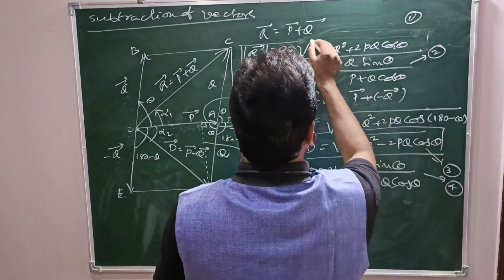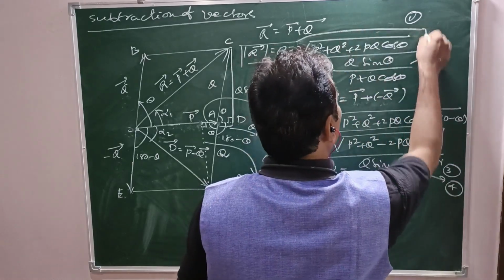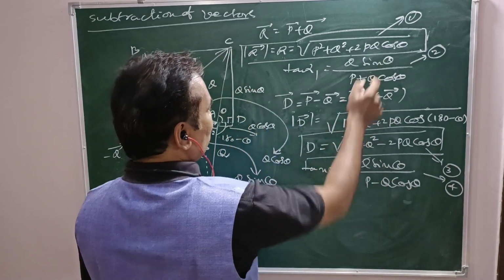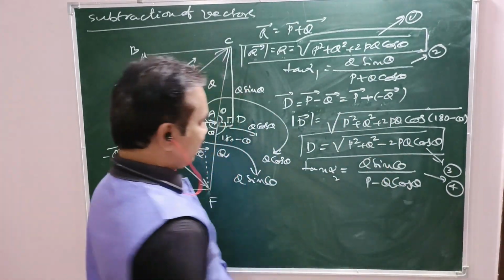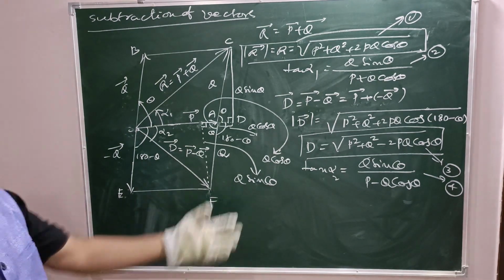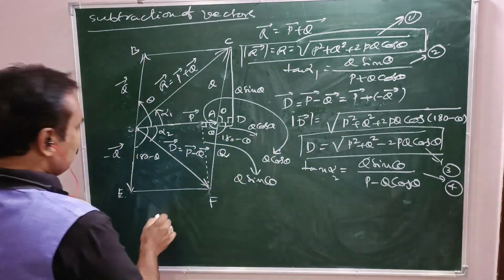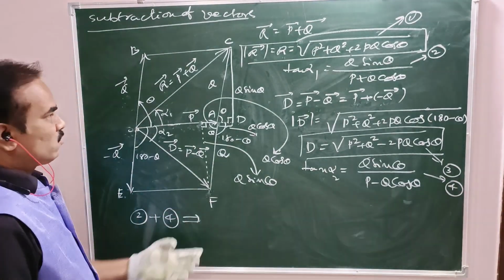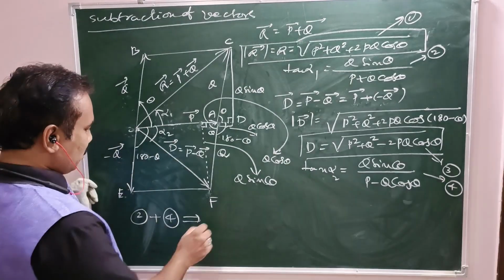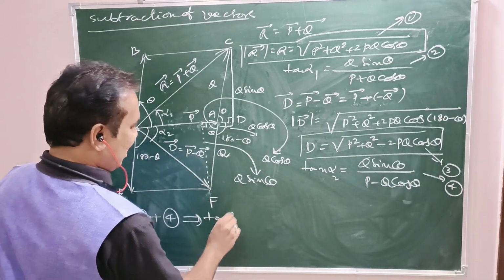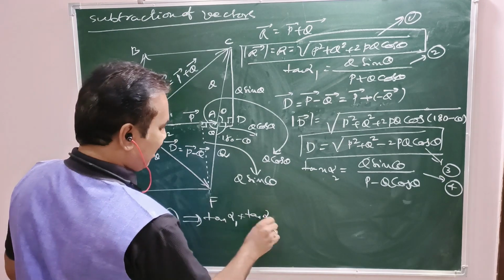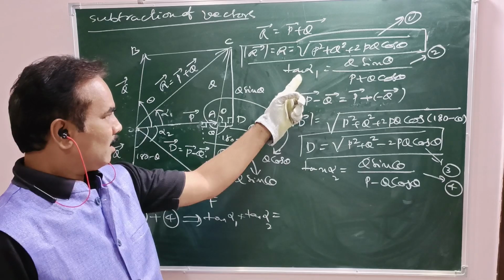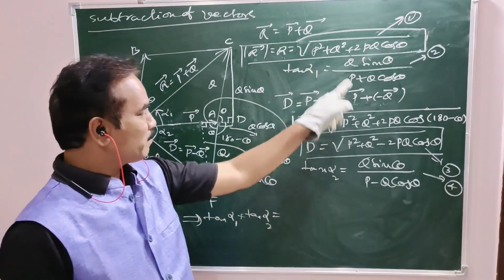Now I am adding 2 and 4. 2 plus 4 means tan alpha 1 plus tan alpha 2, that is LHS plus LHS equals RHS plus RHS.